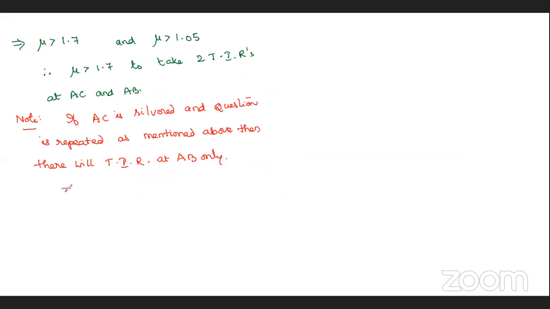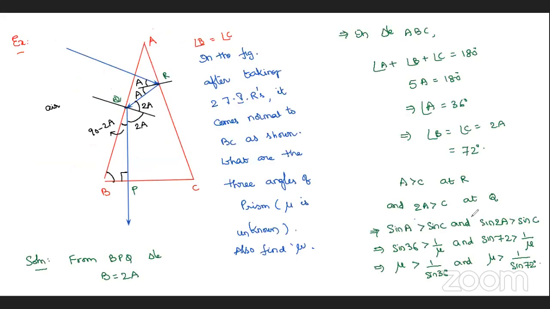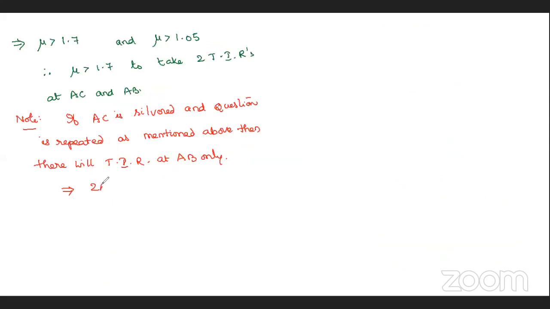That implies here 2A is greater than C. Only one condition we will get. 2A is greater than C means that implies mu should be greater than 1.05.